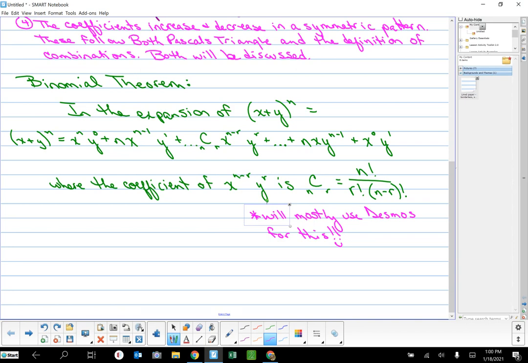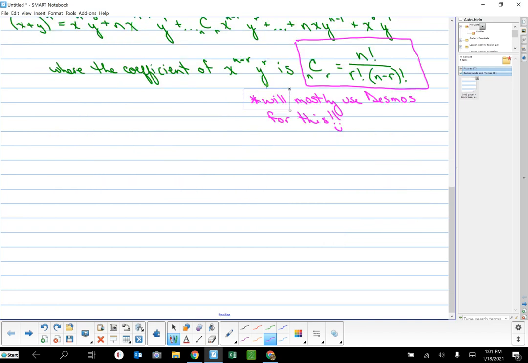Then some info on combinations and factorials. We already did that, so I don't need it here. So using this definition right here, let's look at a couple things you need to know.